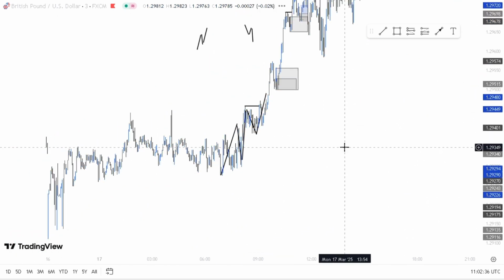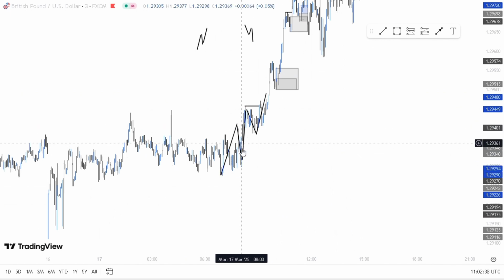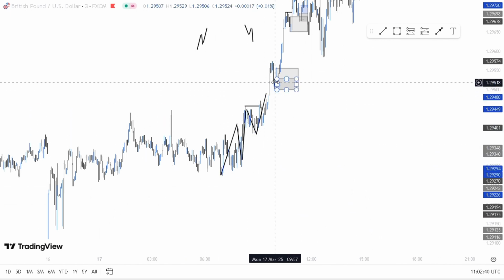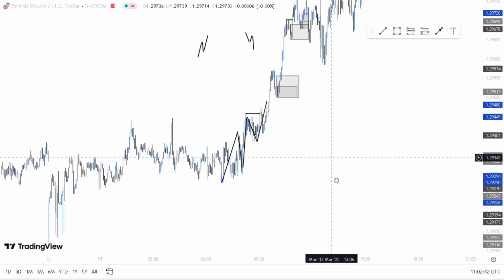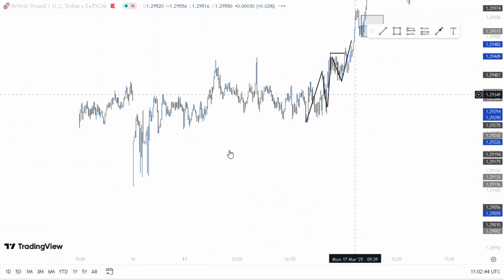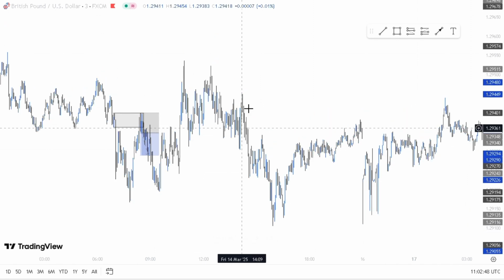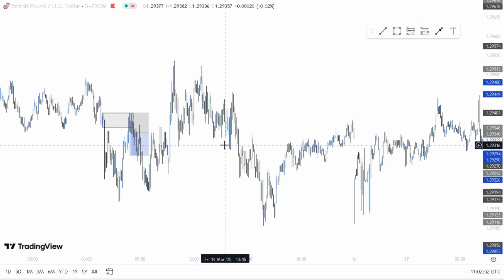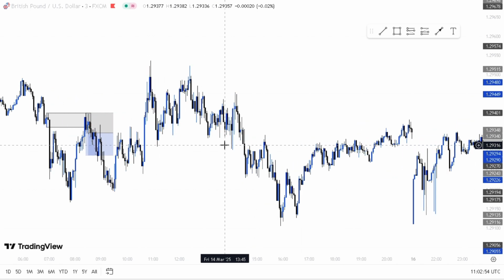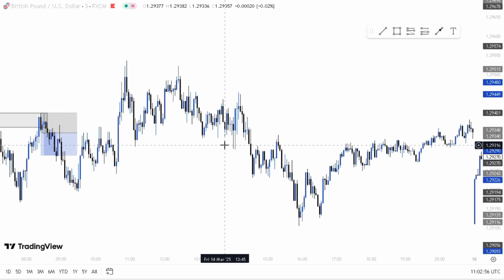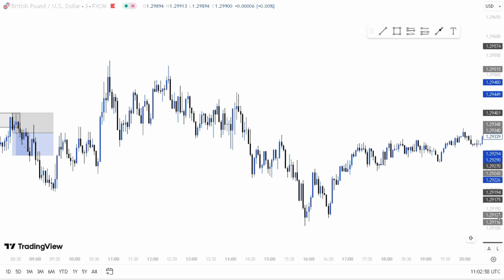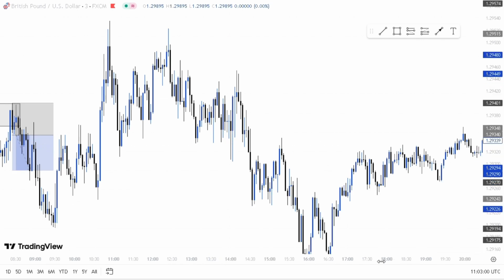And yeah, you guys can see, here's another example. 1 2 1 2, continuing up, breaking structures again and again. Let's go again to this side. As you can see, we're in a down movement. Open it up if you guys want to see it properly with candles.